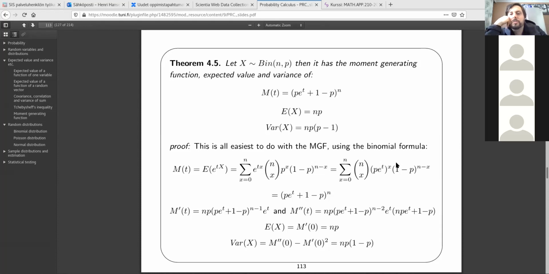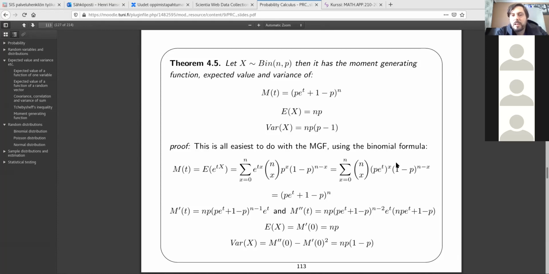I'm not going to assume that you know the moment generating function, but it's actually very nice. If we have it, then the variance and the expected value are fairly easy to calculate. Otherwise, they're not, because the expected value is relatively tricky, and so is the variance. So I'm not expecting you to be able to derive the expected value of the binomial distribution. You can just memorize it, basically.